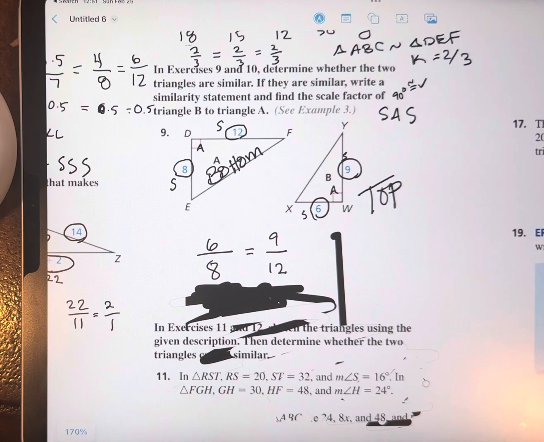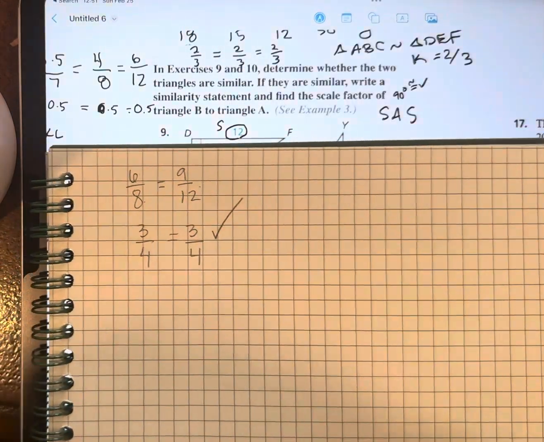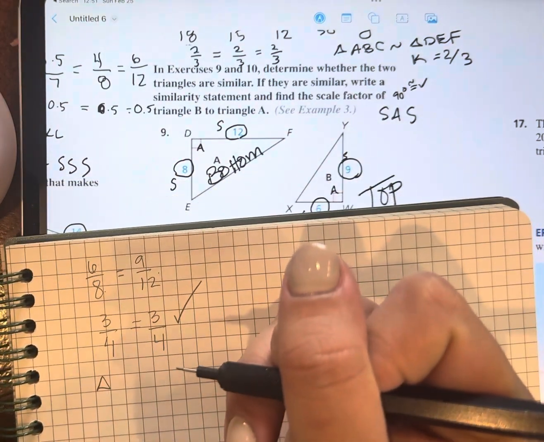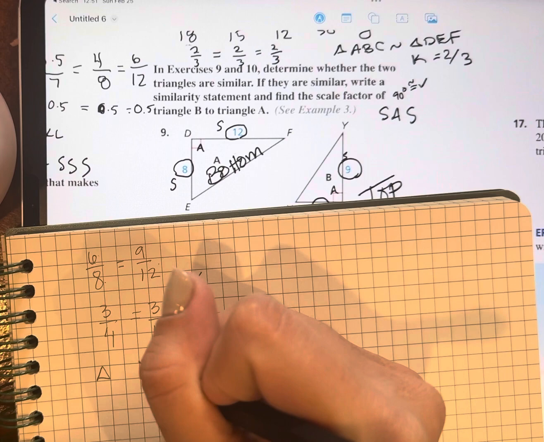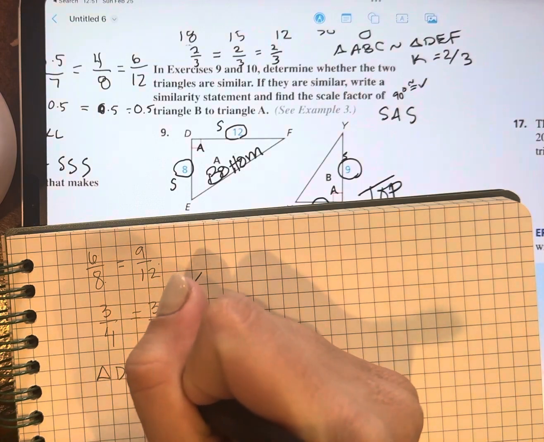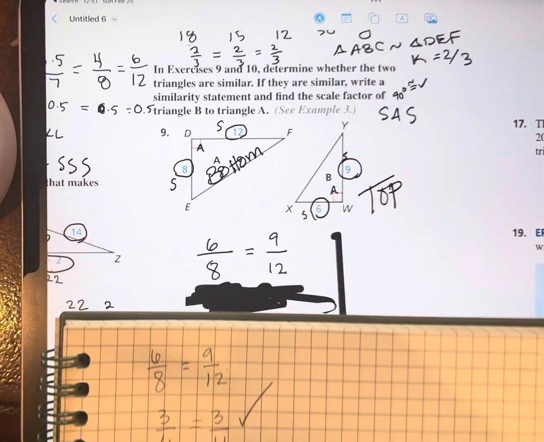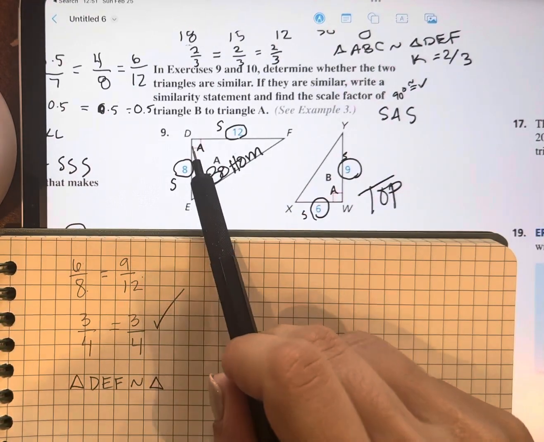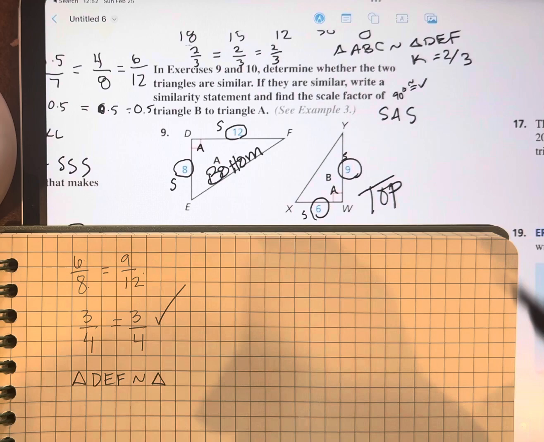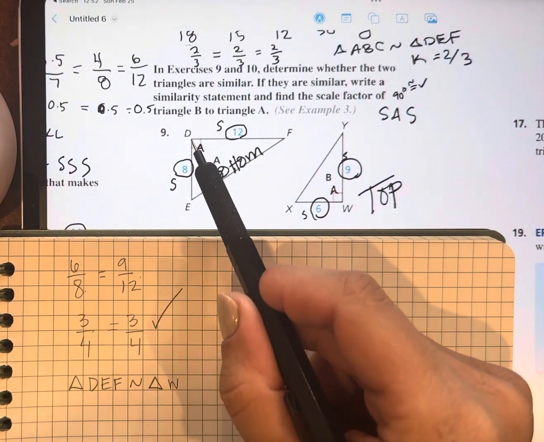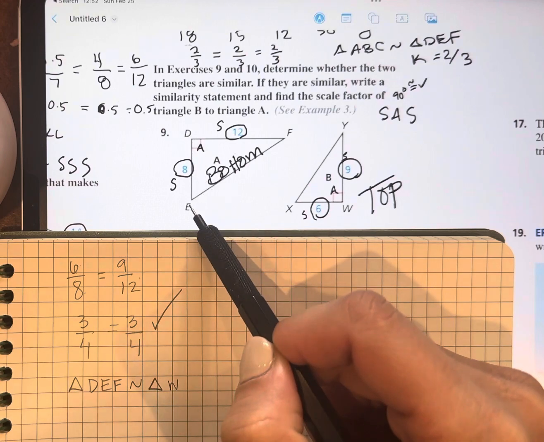So if they're similar, write a similarity statement. Okay. It's going to be that triangle DEF is similar to triangle... Okay, now we got to be careful. D is the 90-degree angle. That's W. And then from D, I went to E, which was along the short side.